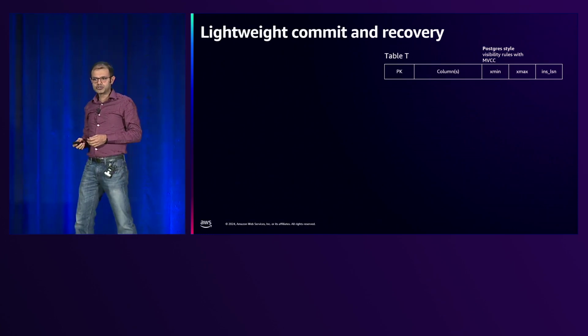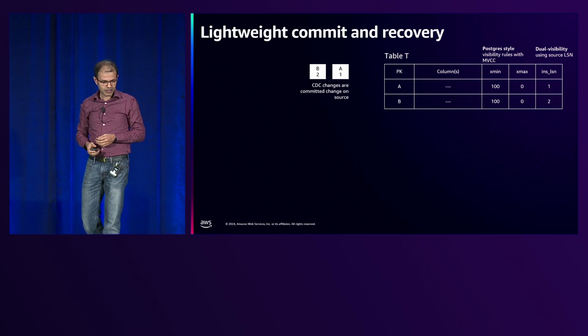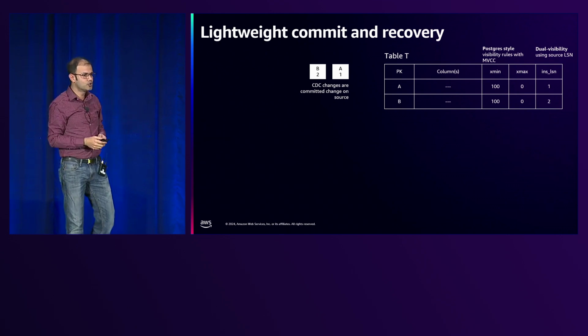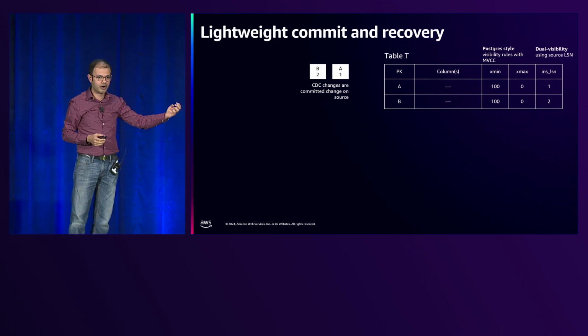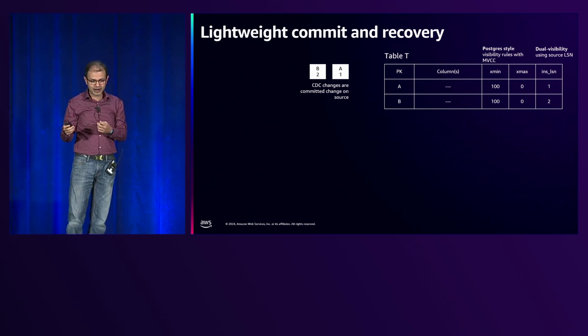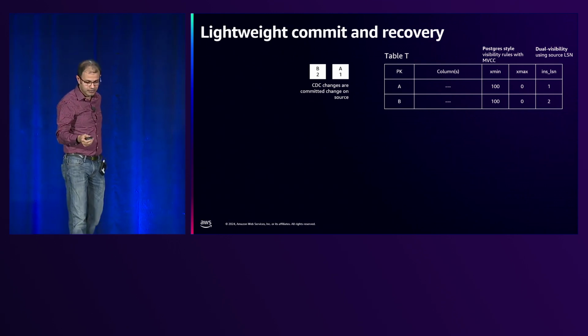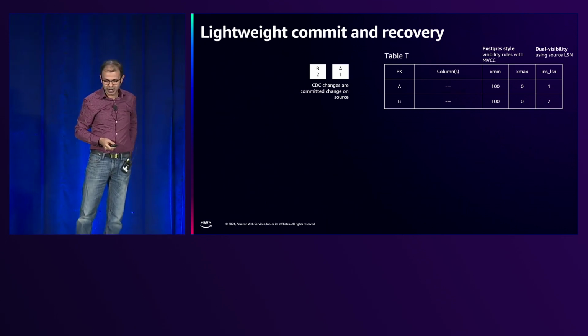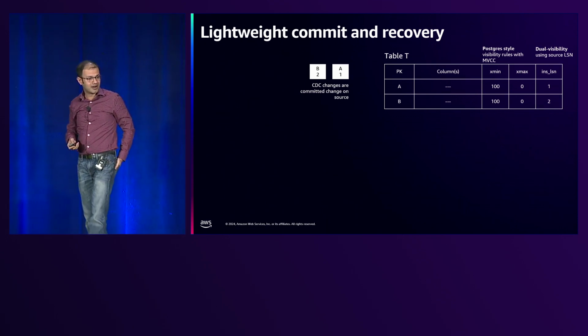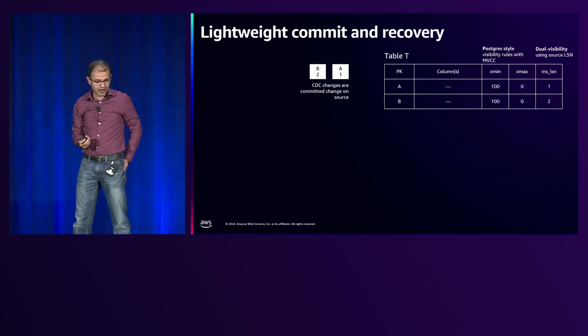So let me walk you through an example. Let us say we have two keys, A and B, that are written on the operational database, and they are now getting replicated onto Redshift's representation. As you can see, these two keys got the Redshift transaction ID of 100.